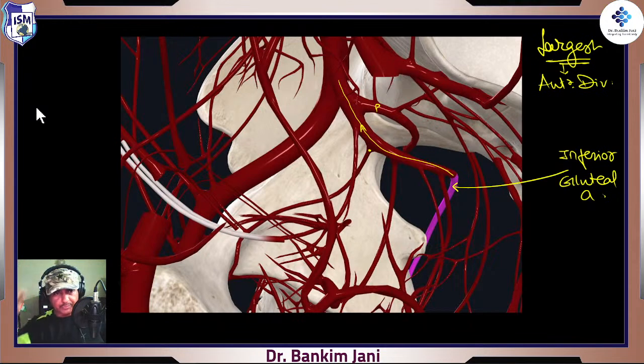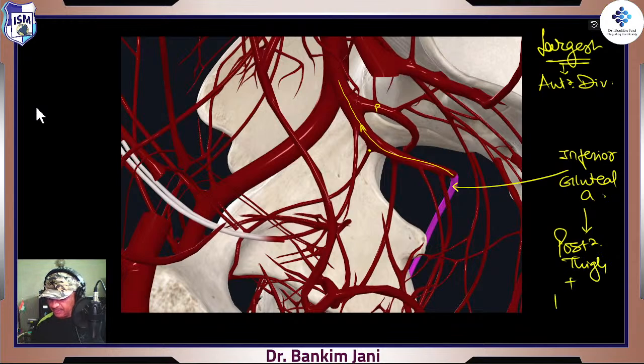And then this will be going into the buttocks and the posterior thigh, right? It will go into the posterior thigh plus hips, right? The name itself is telling gluteal. So that's why it will be going over there. And it is going via the greater sciatic foramen. Now, during this journey, it would supply, right?